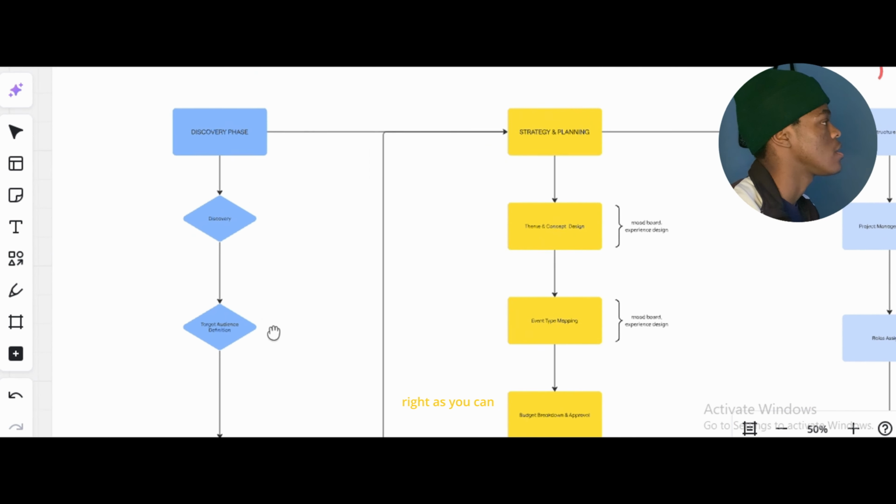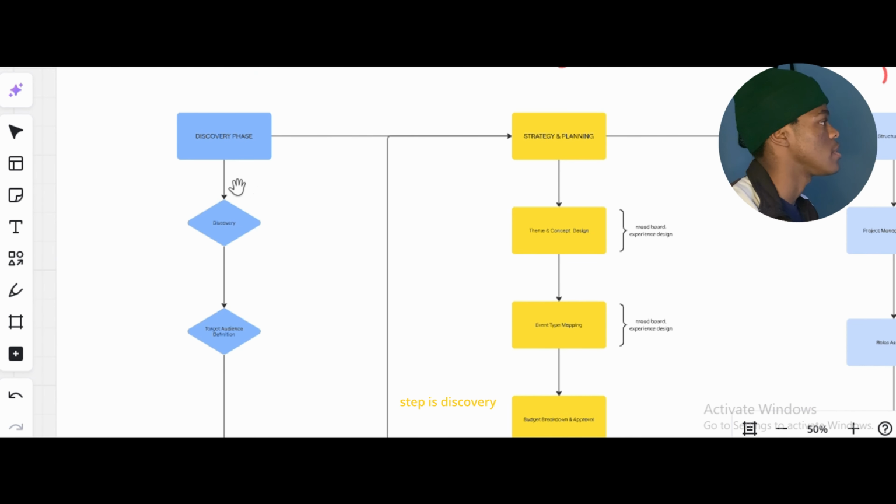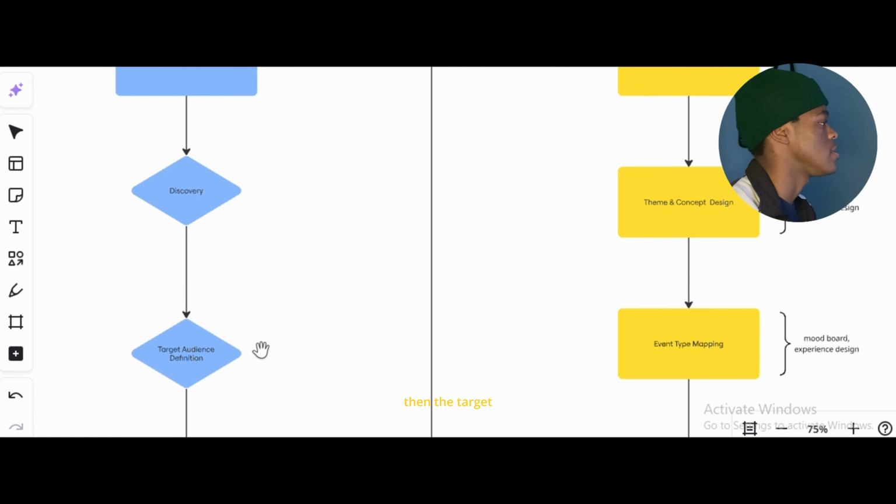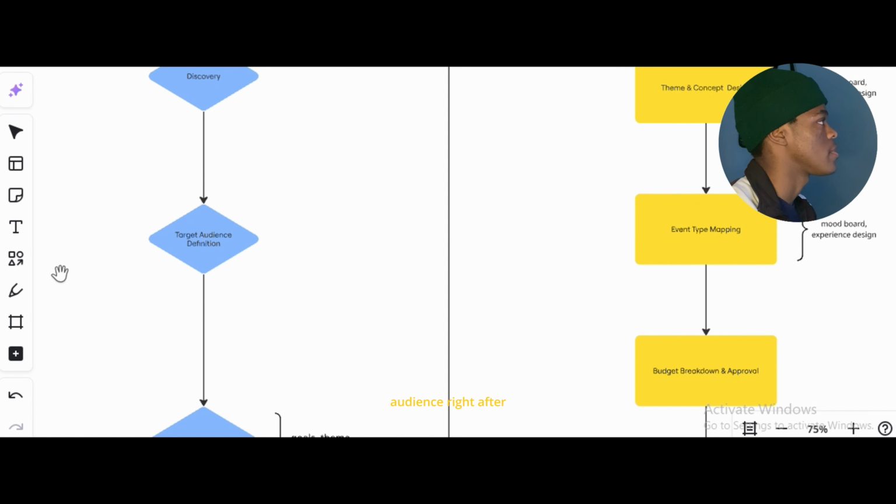The first step is discovery. Basically, this is where we get the idea, the pitch of the events and what we want out of the events. Then the target audience.